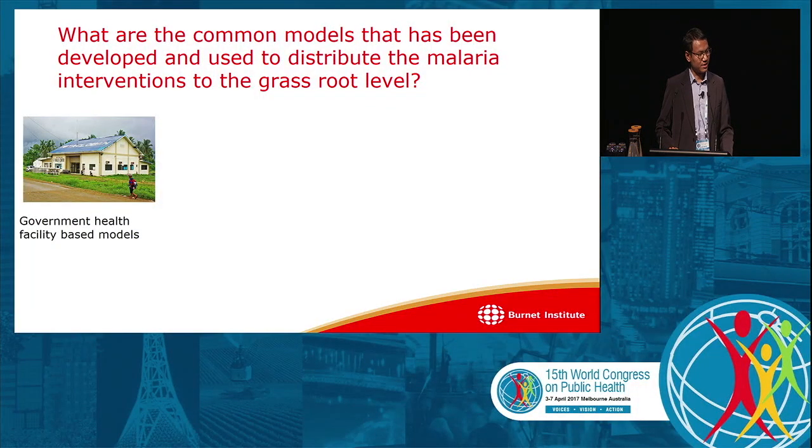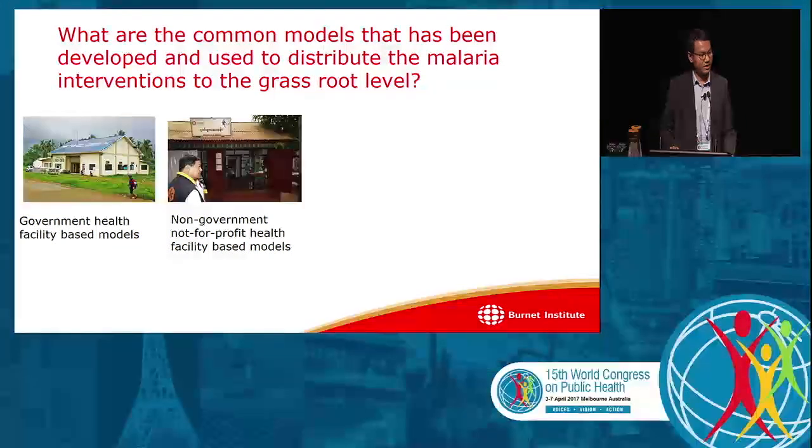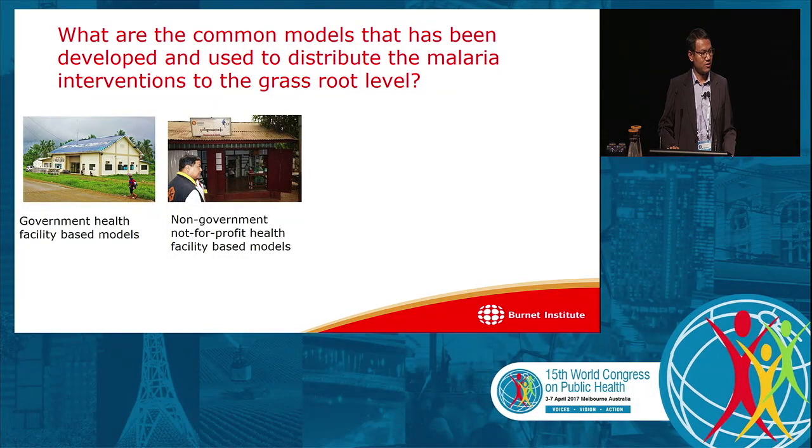People use the government health facility-based model, so most malaria services have been delivered through government health facilities. The other one is the non-government model. As you may be aware, in many malaria endemic areas, NGOs and malaria implementers open their own clinics and provide services through them.